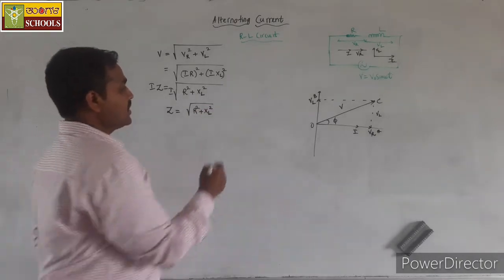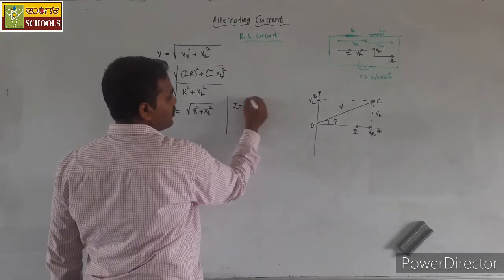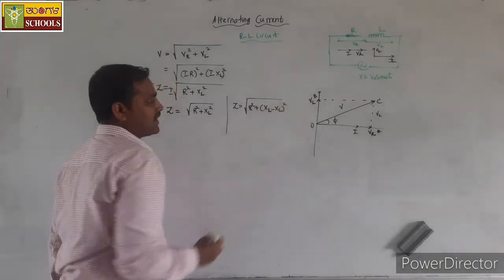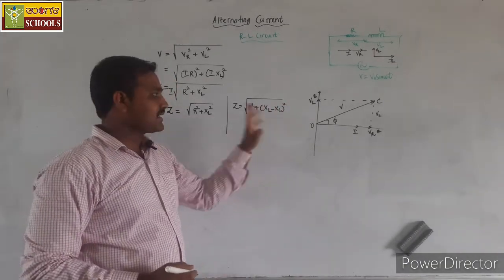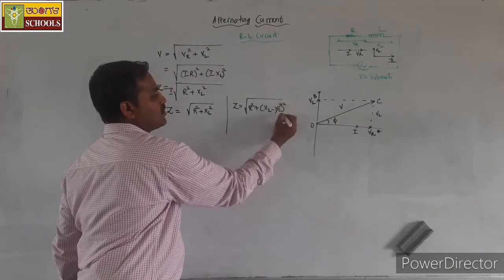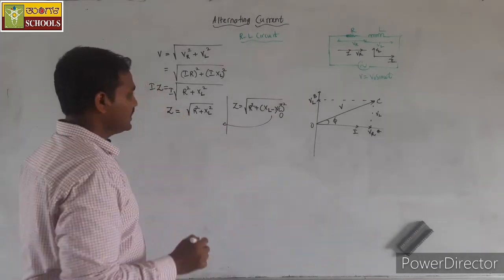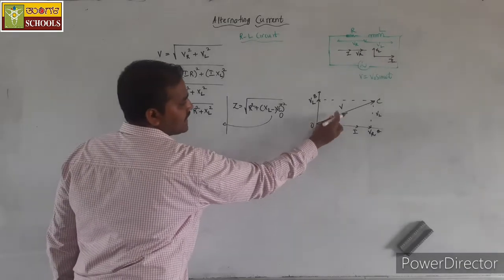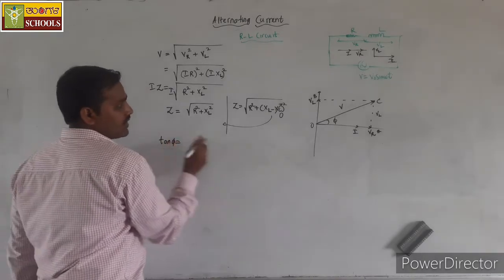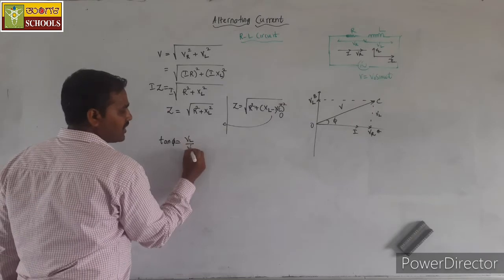If you remember the LCR circuit, we had Z is equal to root of R square plus (XL minus XC) whole square, assuming XL is greater than XC. Only in this equation we substitute XC equal to 0, then we get the impedance for the RL circuit. Then the phase angle between the resultant voltage and current is given by tan phi is equal to opposite side divided by adjacent, that is VL divided by VR.